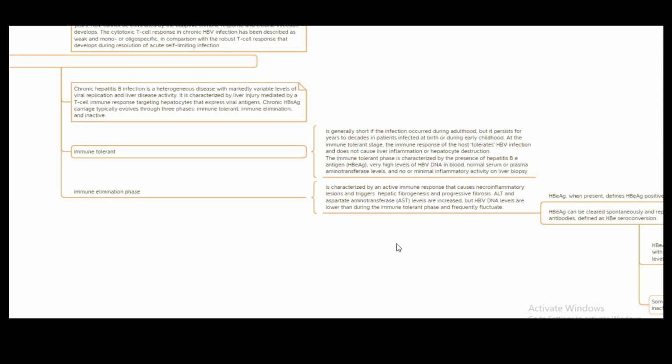And since we have destruction of hepatocytes, a lot of enzymes inside the cells like ALT and AST will be elevated. But since we have elimination of the infected cells and elimination of the virus, DNA levels can be lower than in immune tolerant, but will still be higher than normal, and will frequently fluctuate depending on the wave of the infectious process.